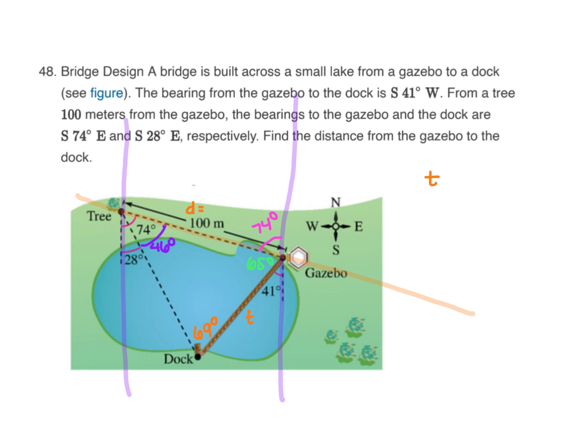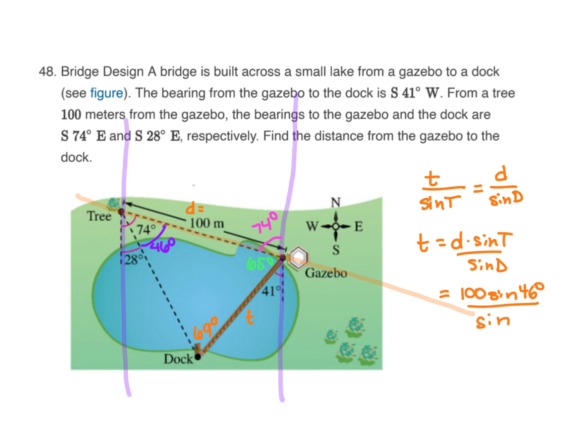So we want to solve for T over sine of T. Then we know the dock, so the side of the dock is 100, and the angle at the dock is 69 degrees, or sine of D. So we want to solve for T, so d times sine of T over sine of D. So the lowercase d, the side, is 100 meters times sine of the angle of the tree, which is 46 degrees inside the triangle, over sine of 69 degrees.